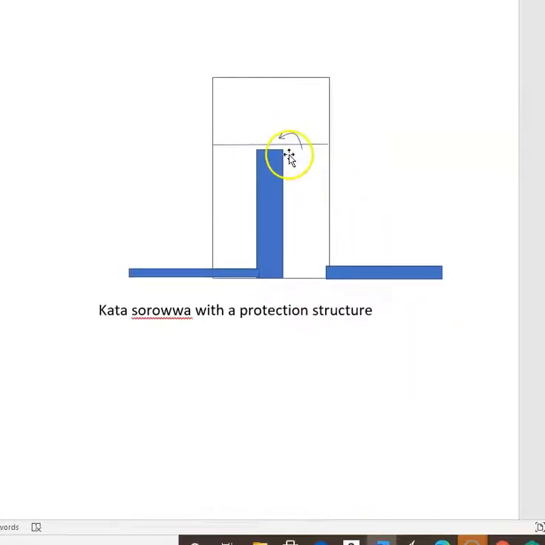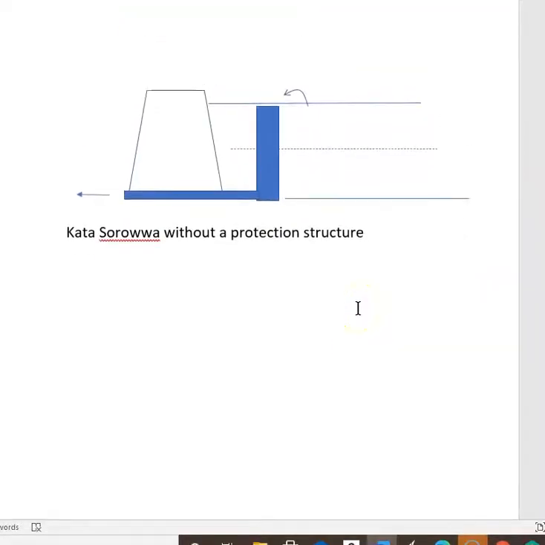The problem with this is that the water is not under heavy pressure, so you're going to get very little flow. Now you could have the Kata Sorowwa without any protection, and in that case you may have to do repairs, etc. Again, with this one, water just slowly goes over here and goes like that.